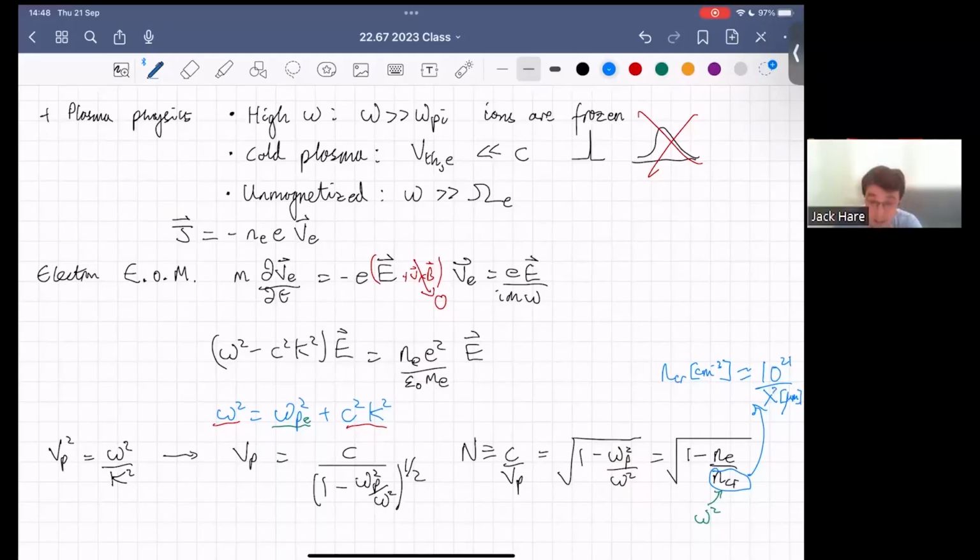This is lambda squared here for approximating this in terms of sort of simple quantities. So the N critical now depends on the laser wavelength or the frequency of your probing electromagnetic radiation. So it's different for every frequency. But that's the only thing it depends on. The rest of it is all fundamental constants like e and the electron mass that don't change. So this is a parameter. There's a critical density for every single laser wavelength or electromagnetic wave frequency.